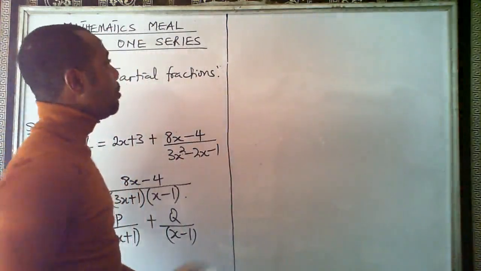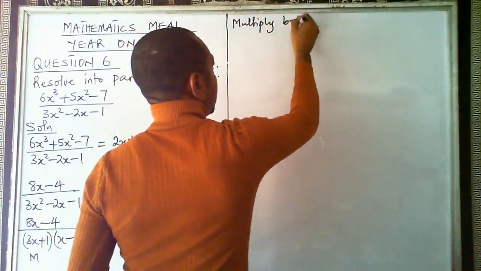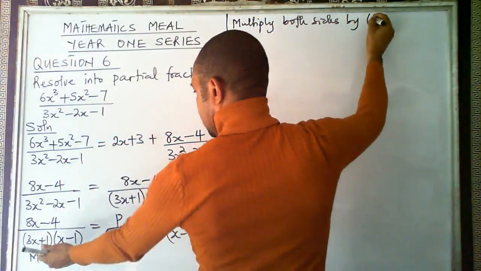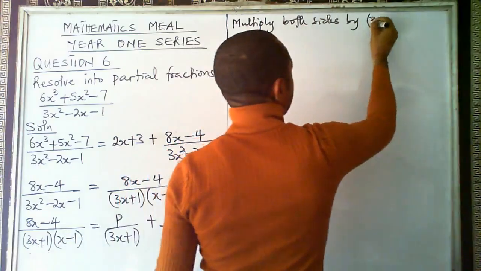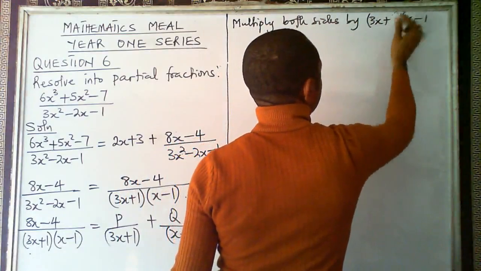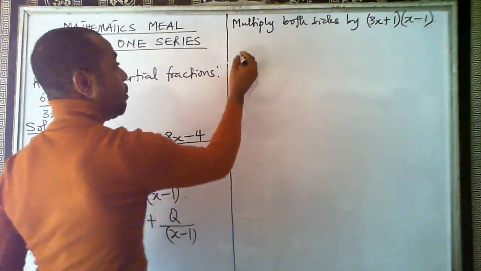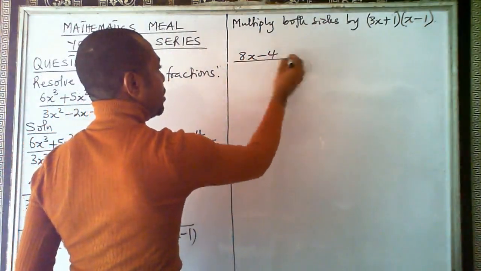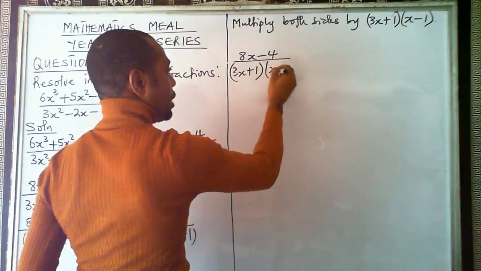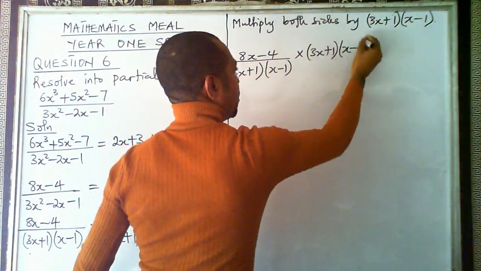So when we say multiply both sides by this denominator, 3x plus 1 into x minus 1, if we do that, multiplying the left hand side by that, we have 3x plus 1 into x minus 1 times 3x plus 1 into x minus 1.